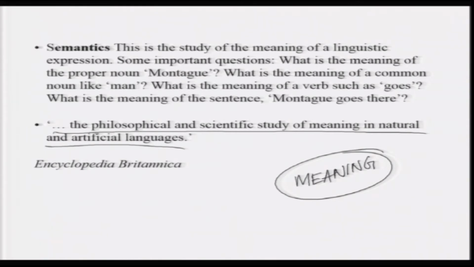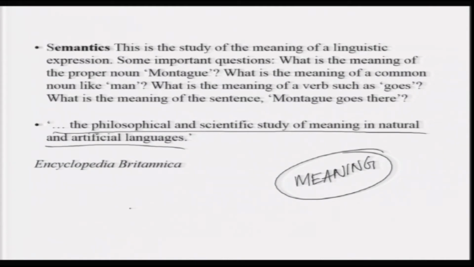Semantics is the philosophical and scientific study of meaning in natural and artificial languages. We also do some semantics in our ordinary lives. For example, when we talk about synonymy, two phrases are synonymous when they have the same meaning.